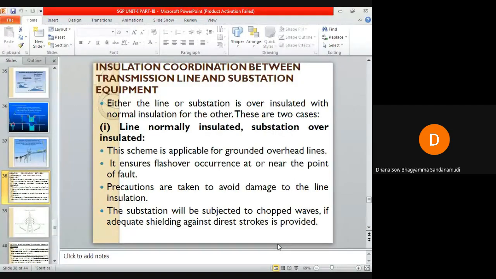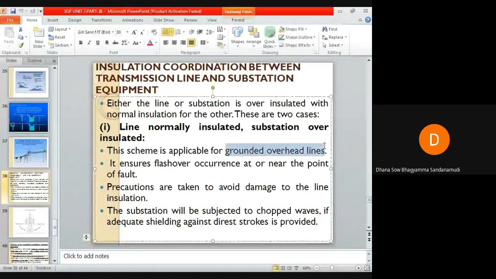I have considered the first case where the line is normally insulated and the substation is over insulated. This scheme is applicable whenever the overhead line is grounded. If we provide a ground wire above the overhead line, are you able to follow because of voice break?